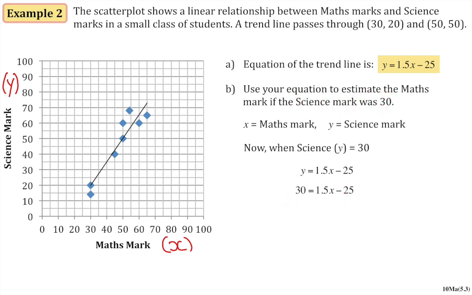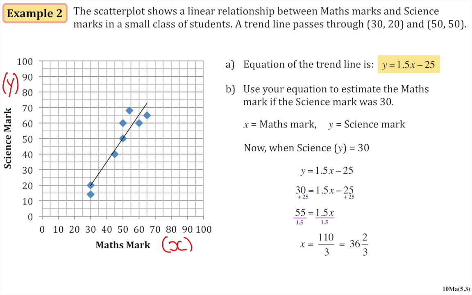Okay, let's plus 25 to both sides. That leaves me with 55 equals 1.5x. Now to get x by itself, we're going to divide both sides by 1.5, which means x is equal to 110 over 3, which is 36 2/3 or 36.6 recurring as a decimal.